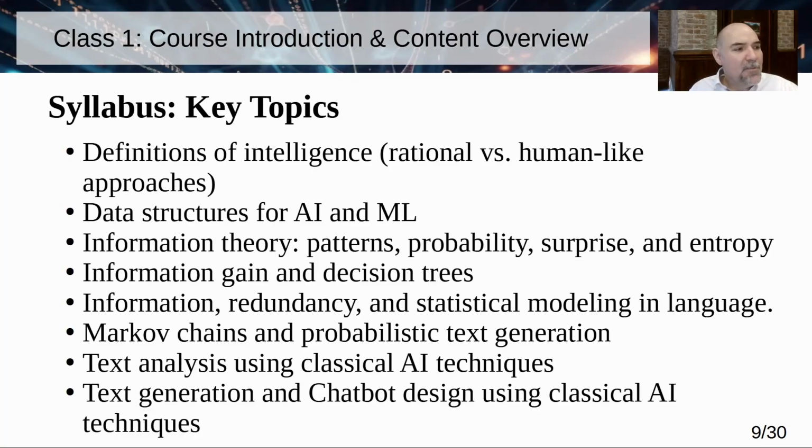Since a lot of intelligence is recognizing patterns and extracting those patterns and predicting things, information theory gives us a nice way to, in a formal way, wrap our minds around what it is we're talking about, rather than just saying the word pattern or language or understanding. We want to have something a little more formal to discuss that. Information theory is going to give us a way to do that.